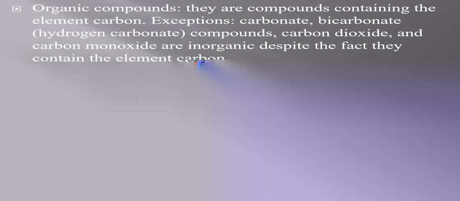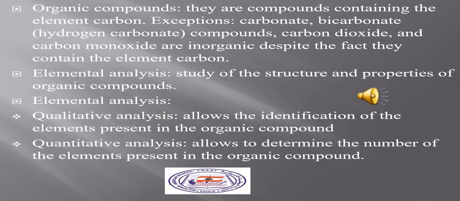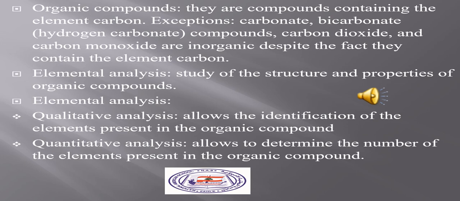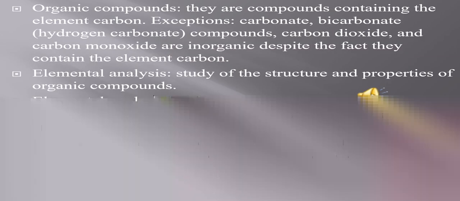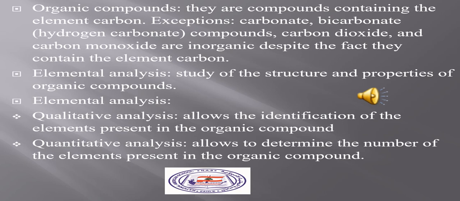Let's recap. If you run an analysis and from the analysis you deduce that a certain organic compound contains the elements carbon, hydrogen, and oxygen, since you did not mention how many carbons or how many H's or how many oxygens we have in this compound, this analysis is simply called qualitative analysis.